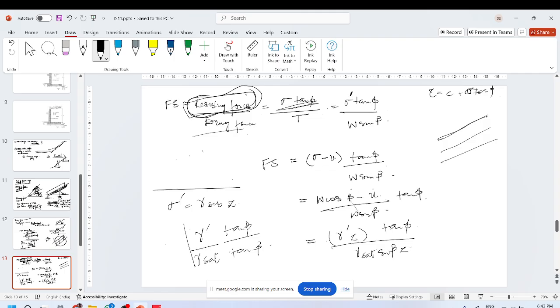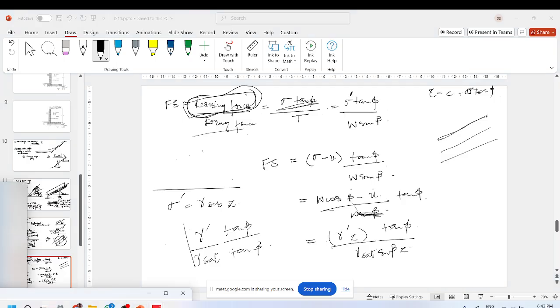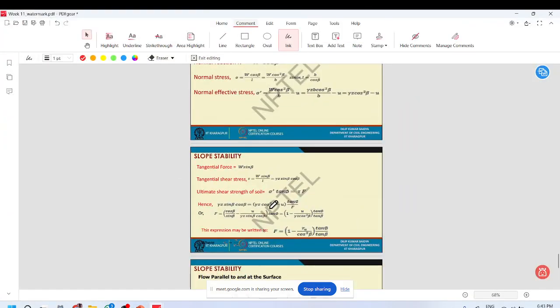You will have to take the total stress there. Then next, ultimate shear strength of soil is sigma dash tan phi.